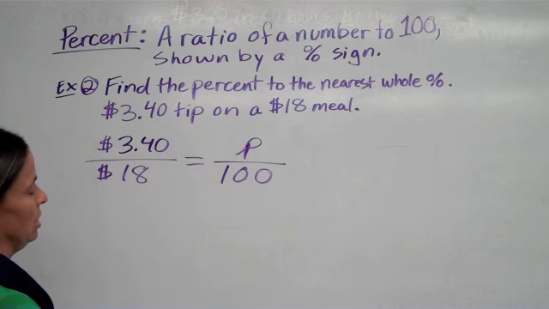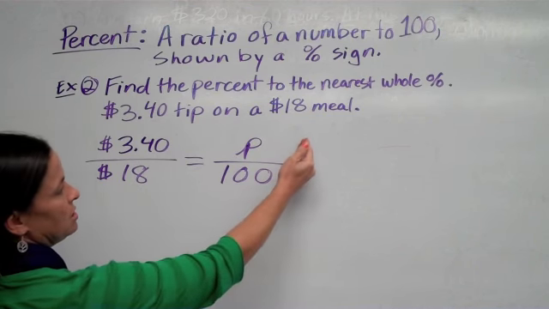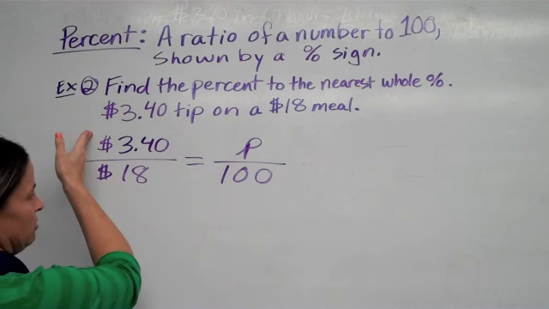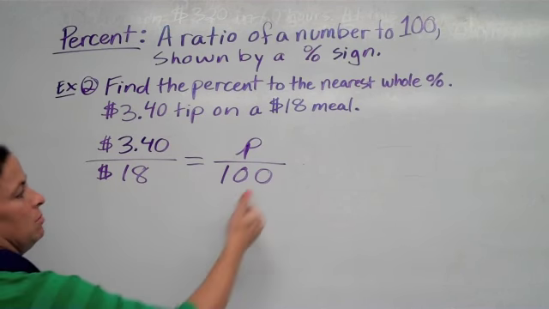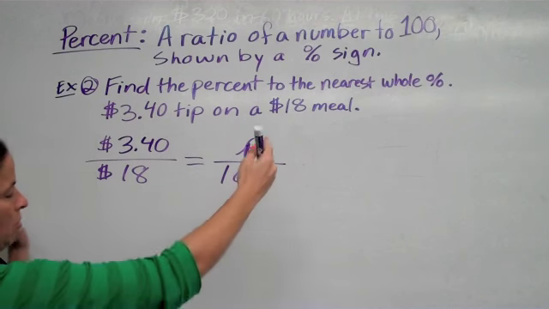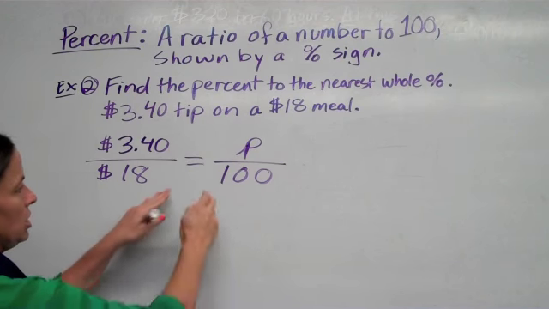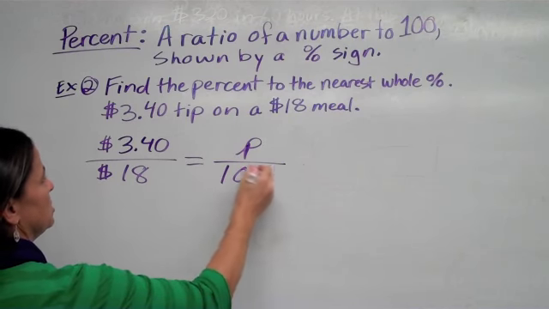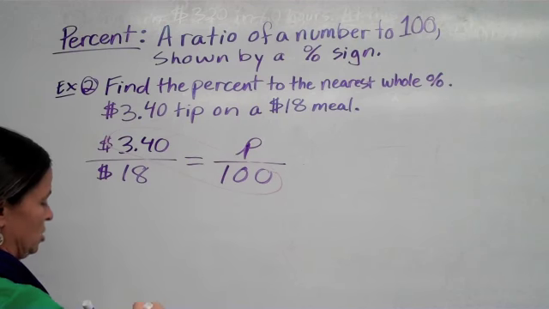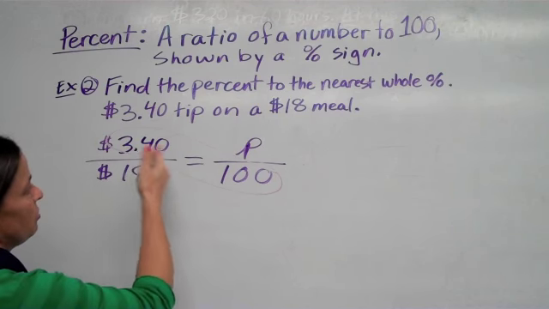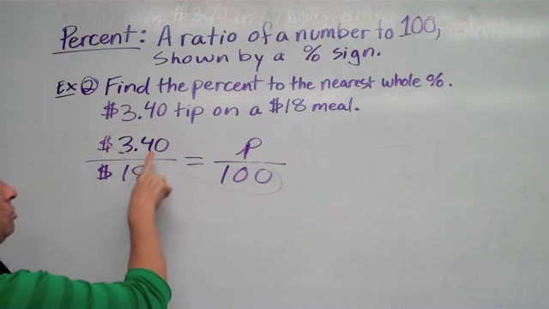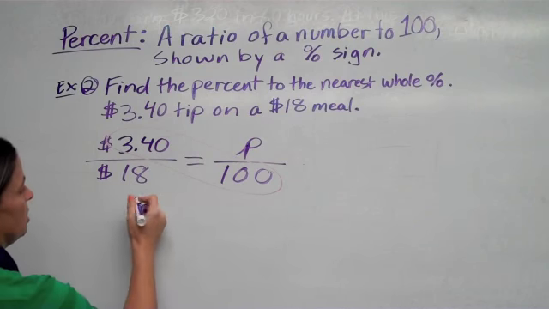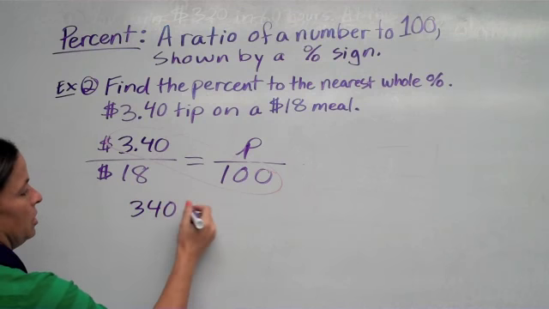So what I'm basically doing is multiplying this side by 100, which would be the $3.40, multiplying this side by 18, and it will get the denominators on the opposite sides because I'm multiplying them. The shortcut people use is they go 3.40 times 100. Well, the 100 would make the decimal move 2 places, so I would be left with 340.